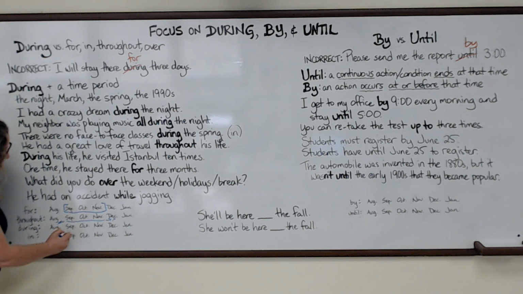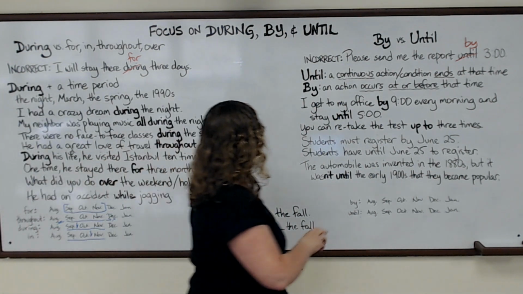Saying it could be the whole time, or it could be a period, a point of time. Maybe she comes here. Maybe she comes here. That's possible. So you can't be sure when you're using during or in. You might need to ask for clarification if it's not clear. But they have possible meanings that way, whole time or parts of time.